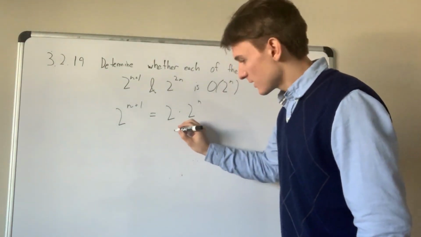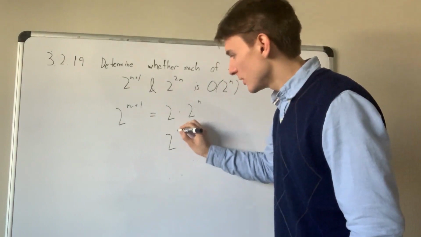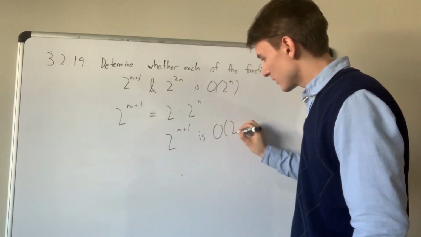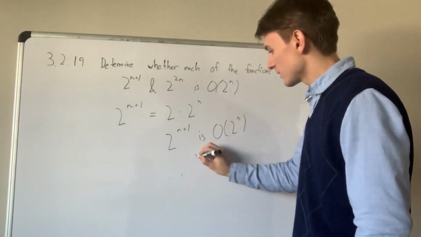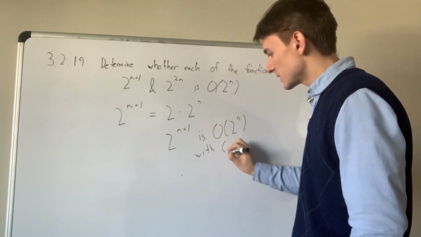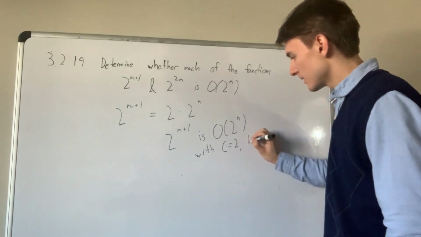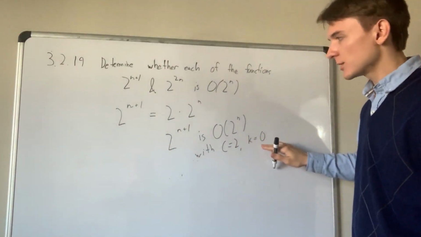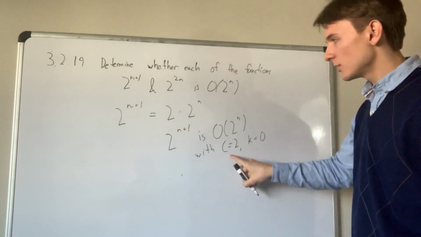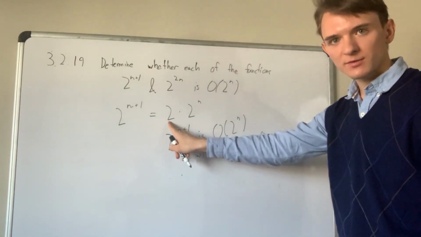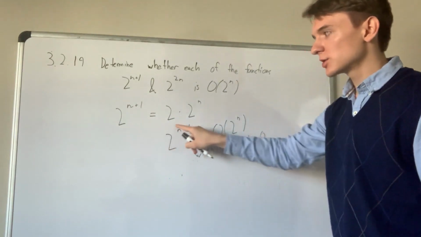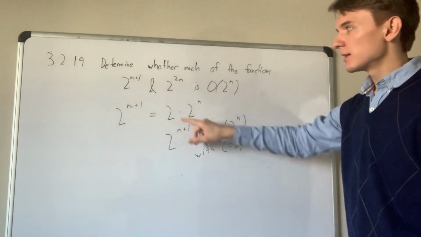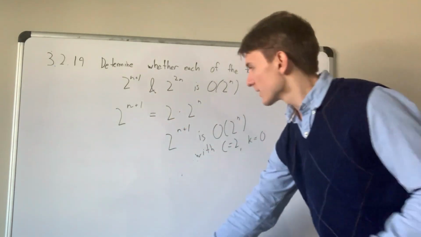So then all we need to say is that 2 to the power of n plus 1 is big O of 2 to the power of n, with c equal to 2, and input size does not matter, so k is equal to 0. Remember, this 2 is coming from in front. We solved this expression and showed they're equivalent. Okay, so this is our conclusion there. Let's go on to the next part of the problem.